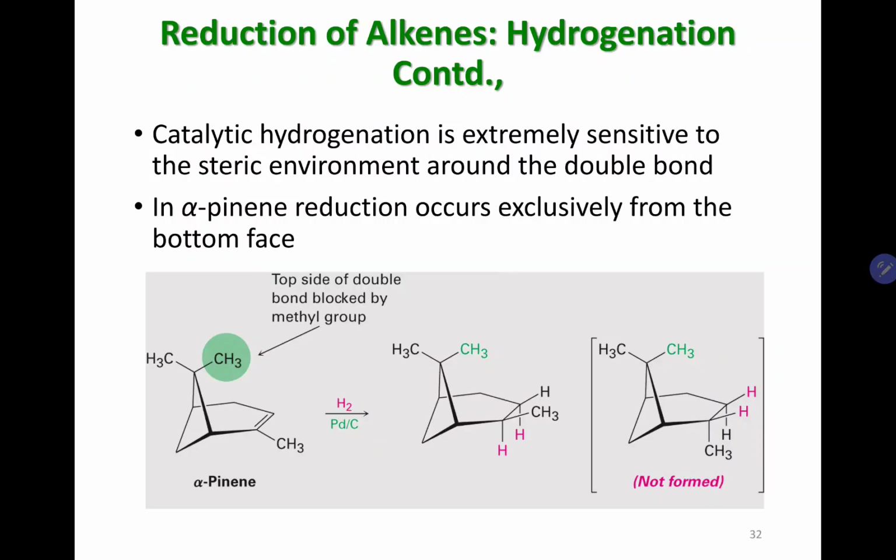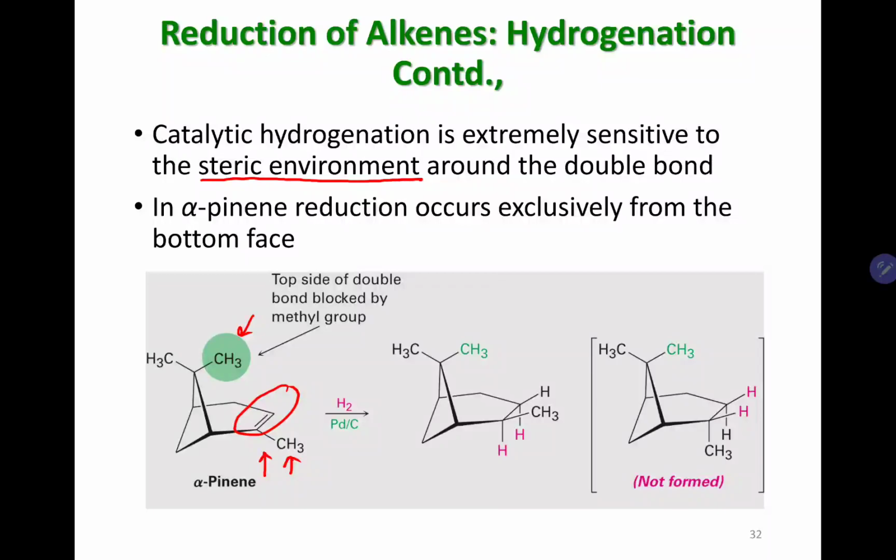So once again, according to this example, you can understand the sensitivity of this hydrogenation reaction towards steric environment. In here I have an alkene, but this alkene is blocked from one side, or you can say the methyl group is blocking one side of the double bond, so the hydrogens can only attach from the bottom surface.